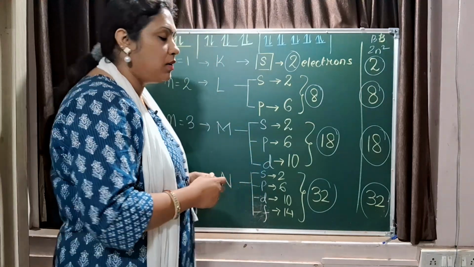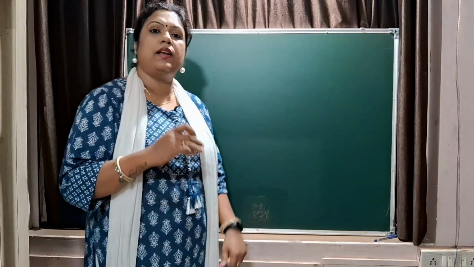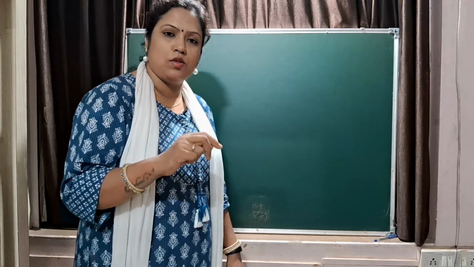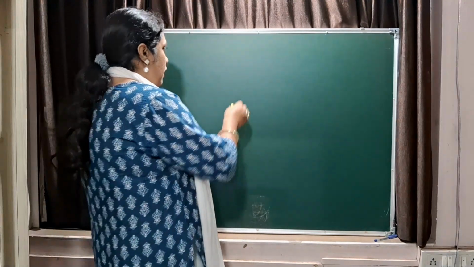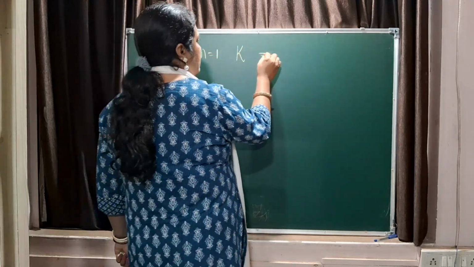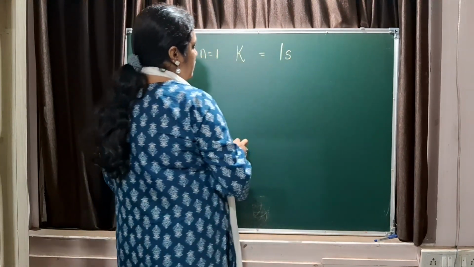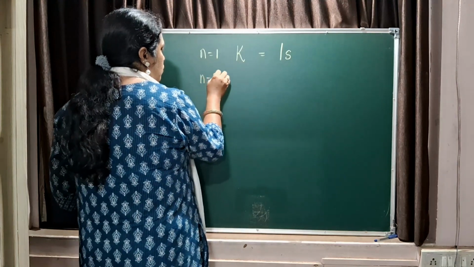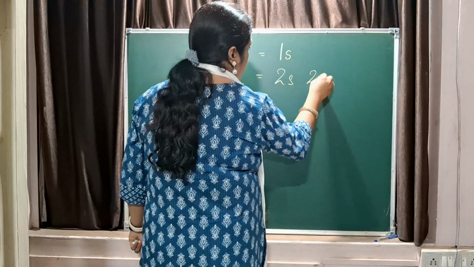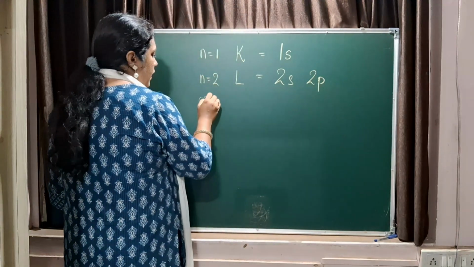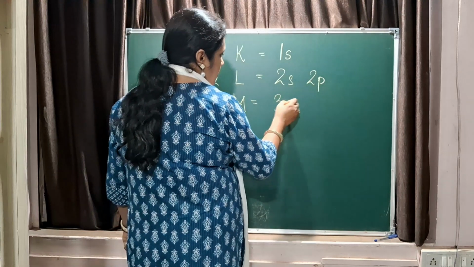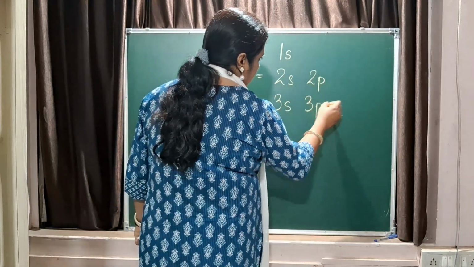So, let me clear the board. Now, we have to understand the level of energy, how the electrons fill the orbitals. For that we need to know the basic concept, that is the KLMN shells. K shell, where n value is 1, has only one s. n value is 2, that is L, has 2s and 2p. n value is 3 for M shell, so you have 3s, 3p, 3d.